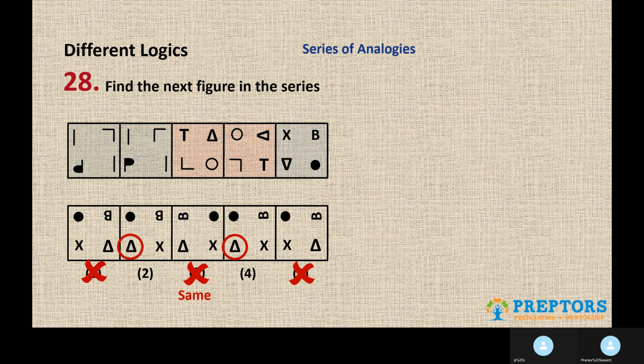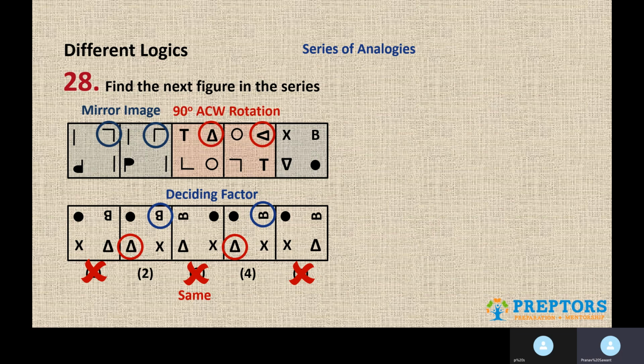Now this will be the deciding factor. The object at position 2 will be the deciding factor because all the rest of the elements are the same except the element at position 2. Now, is it a mirror image or is it rotating by 90 degrees anti-clockwise? If I rotate this 90 degrees anti-clockwise, I'll check whether it is anti-clockwise or mirror image.